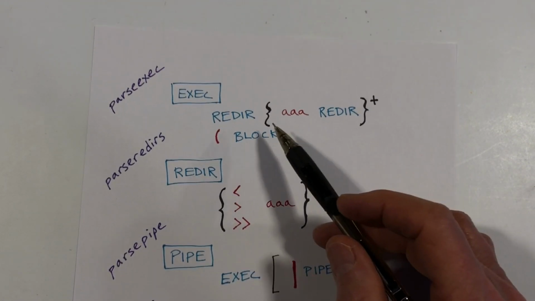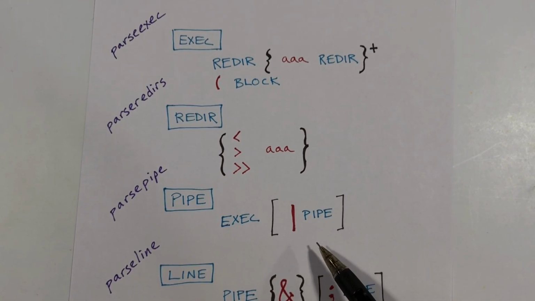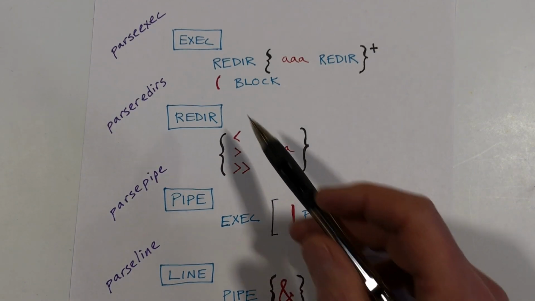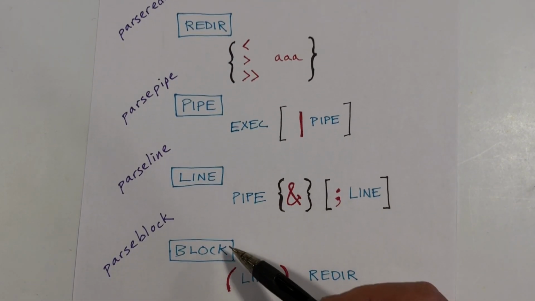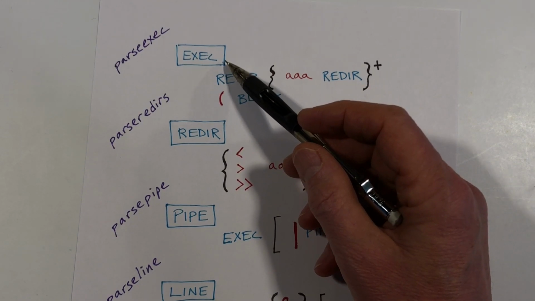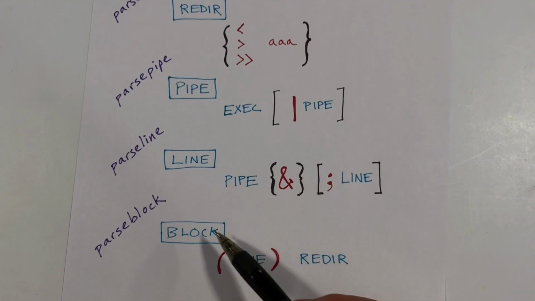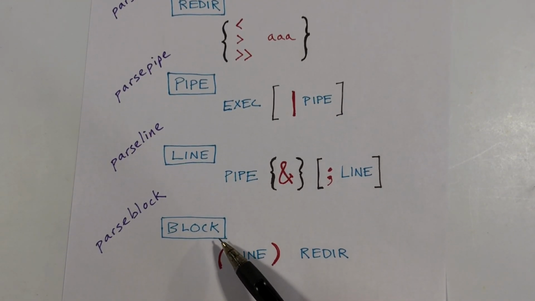Here I'm showing essentially the context-free grammar that will be accepted by the shell program. So we have the different kinds of nodes that will be created, but here we're showing them as grammar non-terminal symbols. So let's take a look at block, for example, since it's the simplest.